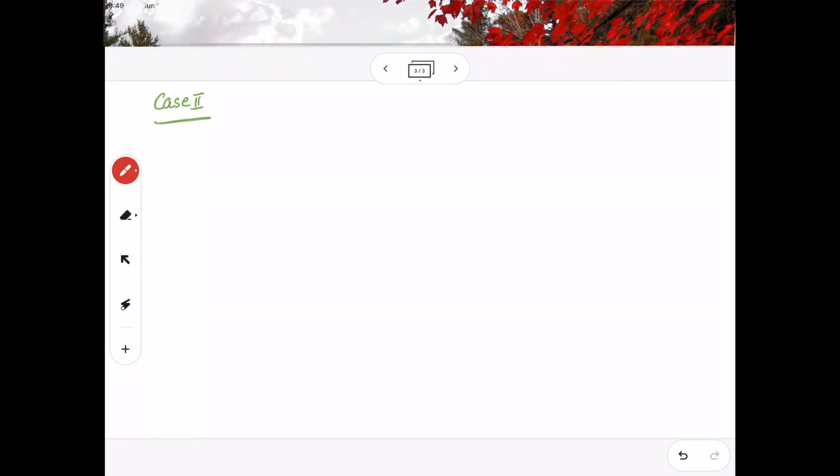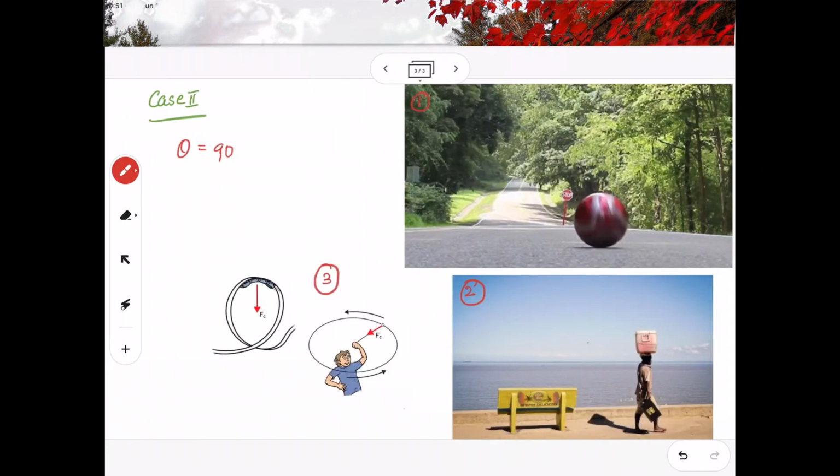Now let us consider case 2, where the angle theta is equal to 90 degrees. Let us see some examples. In the first picture you can see a ball rolling on a rod.